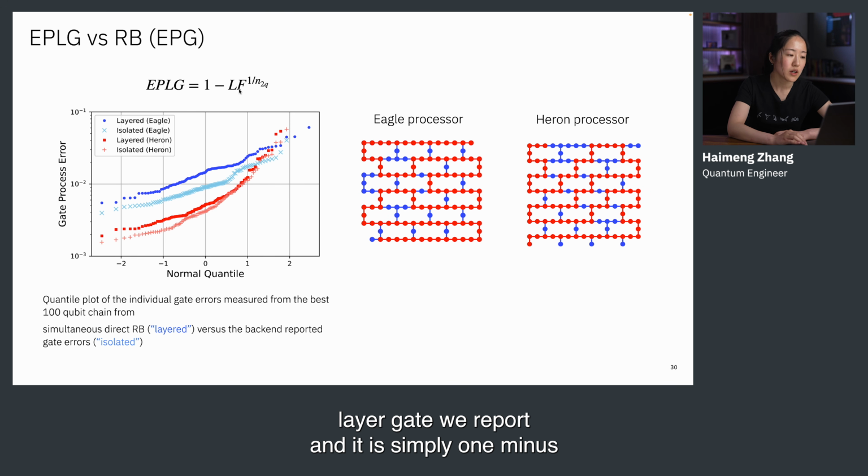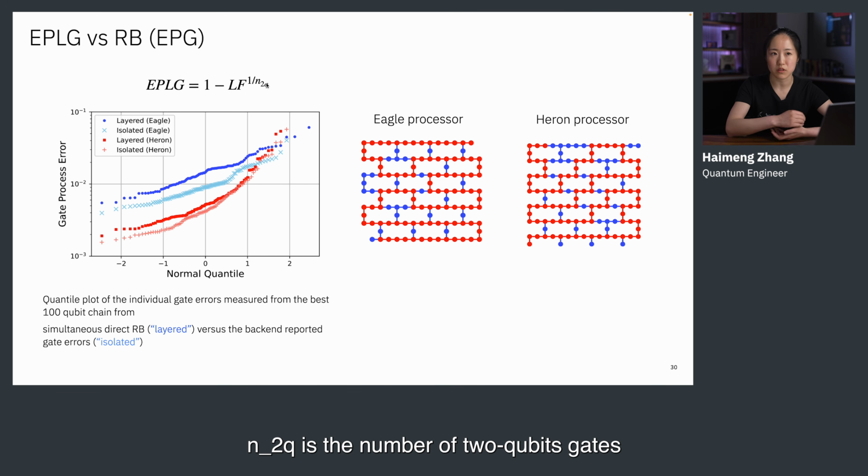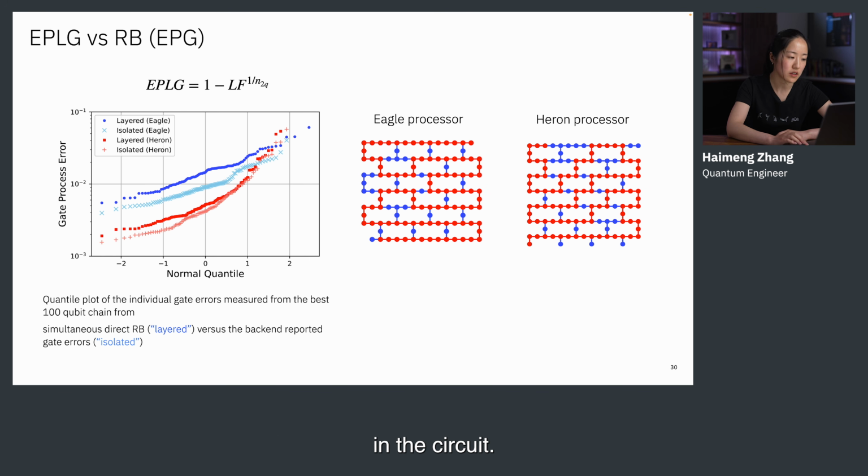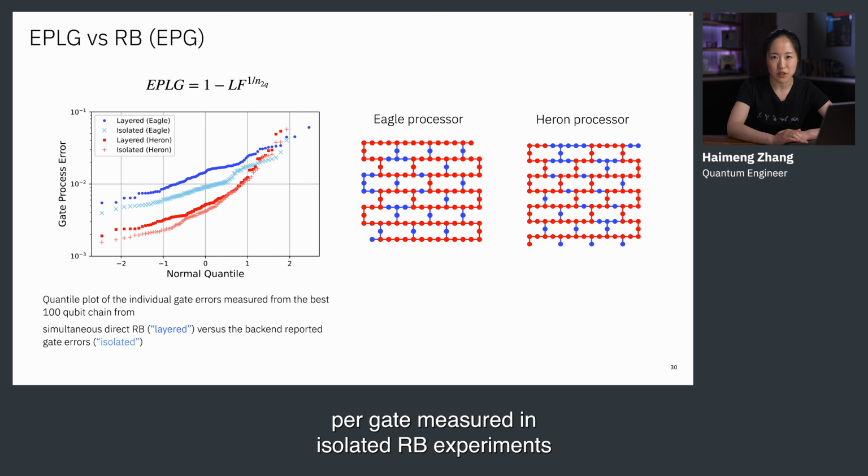It is simply 1 minus layer fidelity to the power of 1 over n_2q, where n_2q is the number of 2-qubit gates in the circuit. What's nice about this metric is that it allows us to compare EPLG to the error per gate measured in isolated RB experiments.